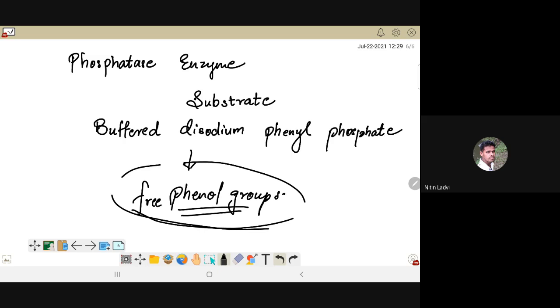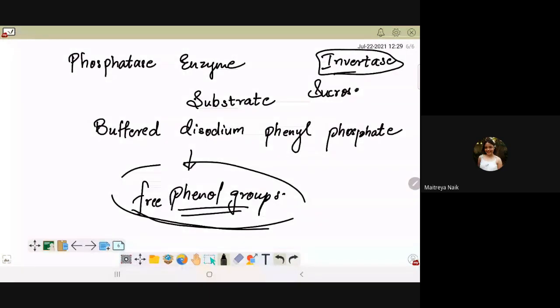So on the basis of glucose equivalence we used to find out the activity of your invertase enzyme. Very similarly here also, we are going to estimate activity on the basis of how much product is being formed. Okay. So if you remember when you did invertase, what was your substrate? Do you remember what was the substrate for invertase? Sucrose? Very good, sucrose, right.